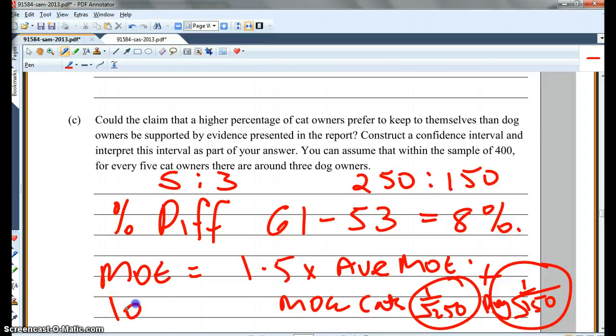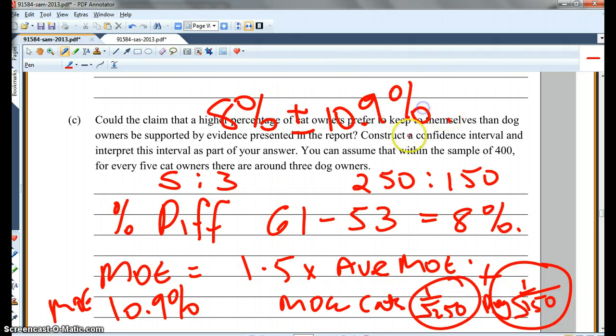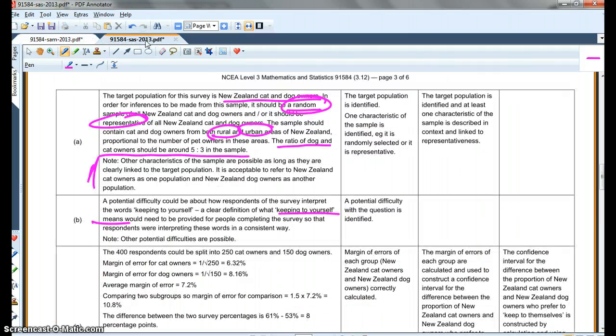So we've got 10.9% is my margin of error. So I'm going to have 8% plus or minus 10.9%. So the margin of error is too large because it's going to go negative, and so it's too close to call, or it does not support the claim.